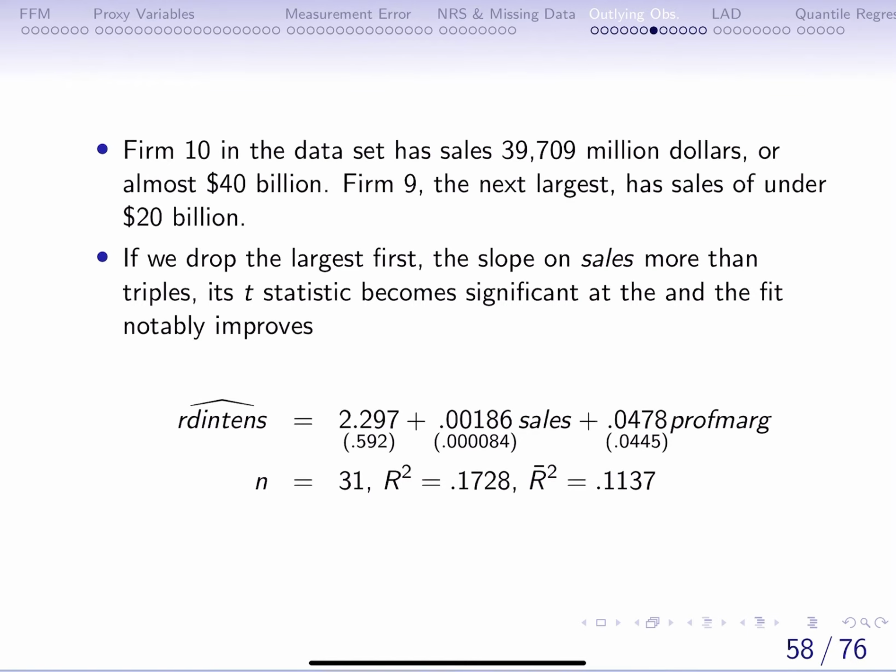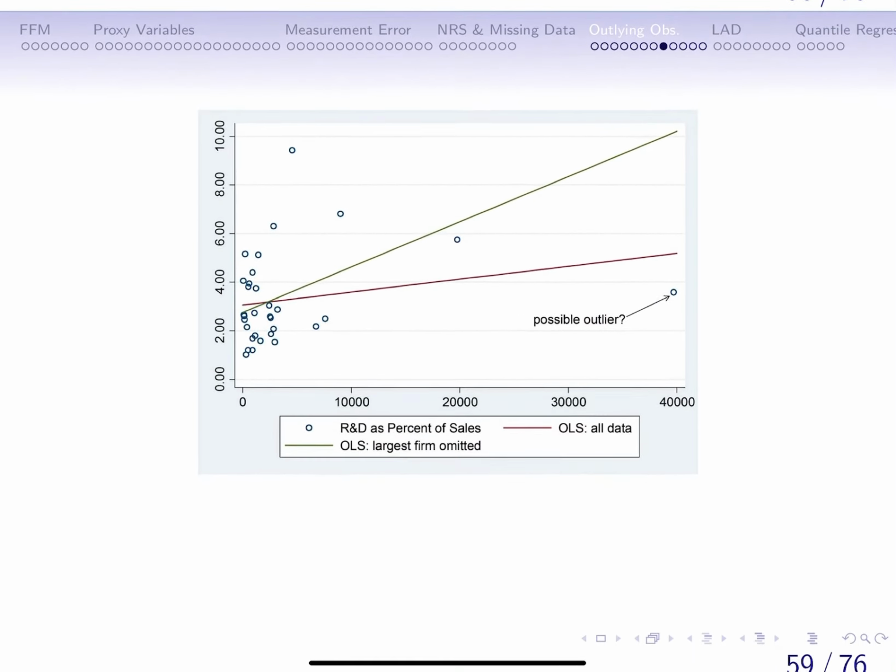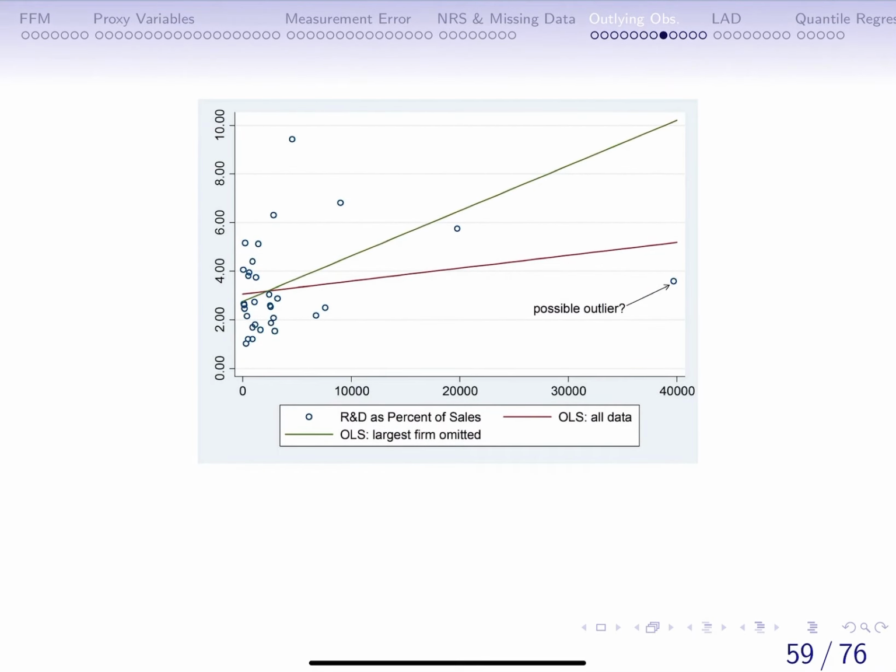But then if we start looking at outlying observations, let's say we plot our data. This line is the regression line for all of the data. And this regression line is when we omit the outlier.